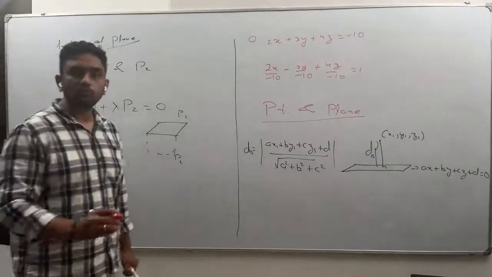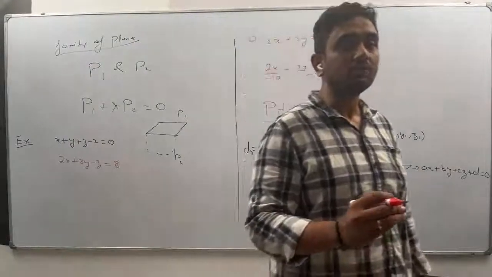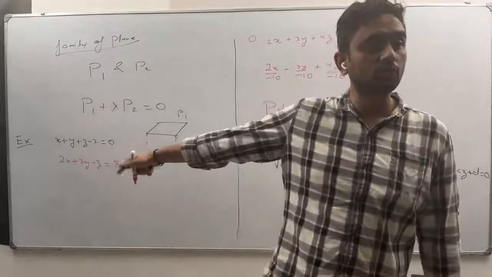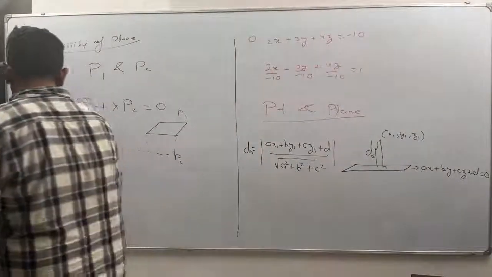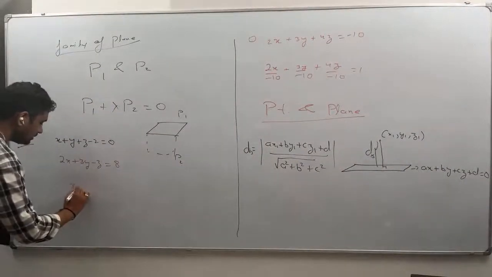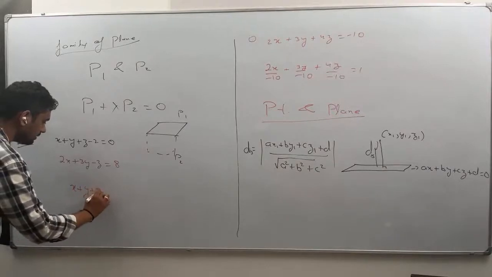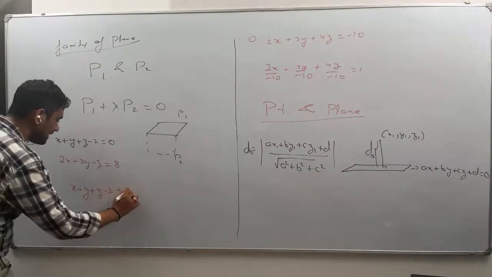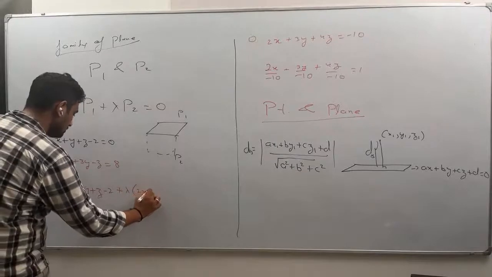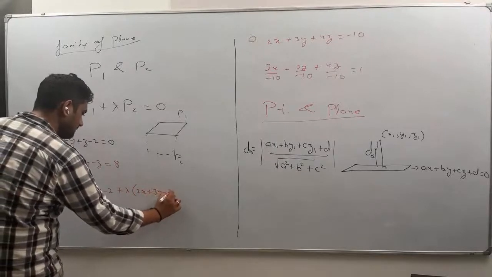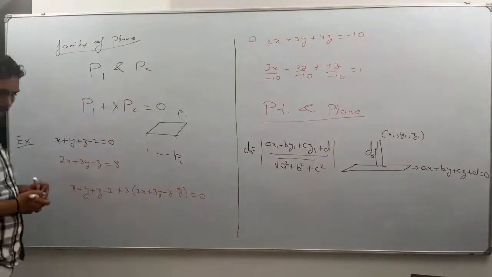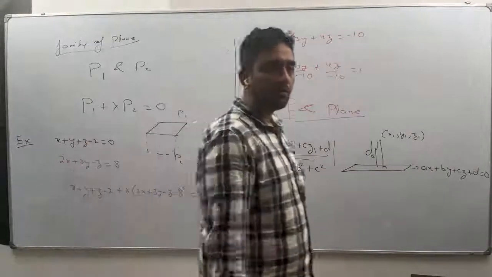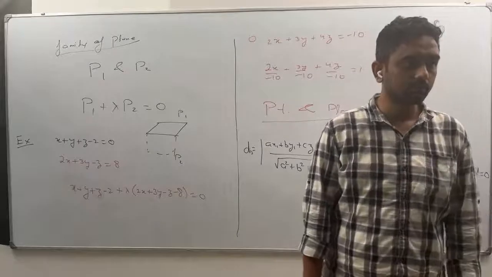If someone asks you to find the equation of a plane passing through the intersection of these two planes, or the line of intersection of these two planes, you will directly write it like this: x plus y plus z minus 2 plus lambda times (2x plus 3y minus z minus 8) equal to 0. And different values of lambda will give you different planes.